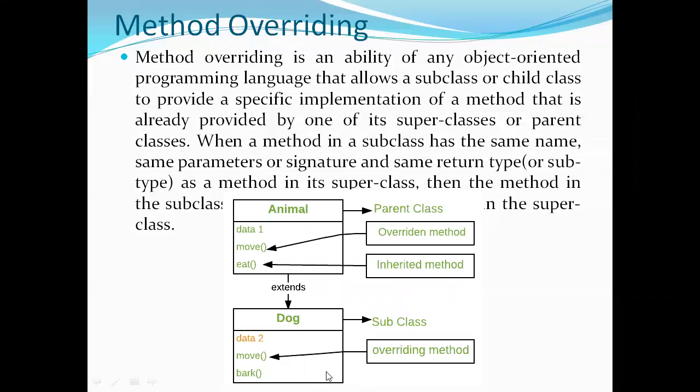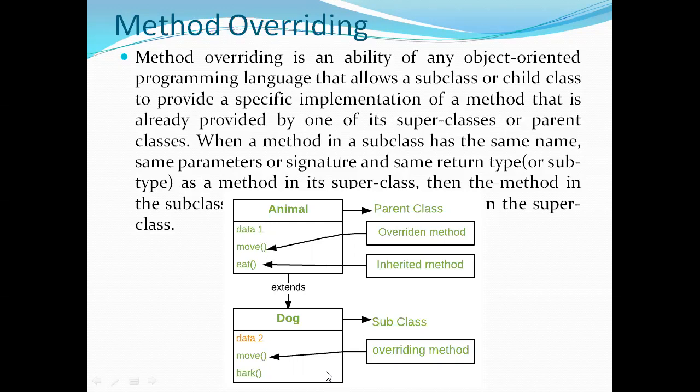Method overriding allows the parent class and child class both to have the same method, with the same signature and the same return type. Everything is the same as the method mentioned in the super class.